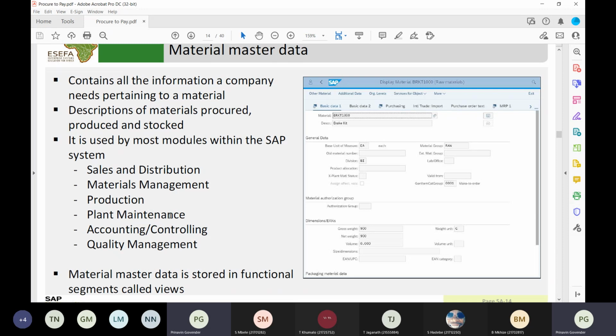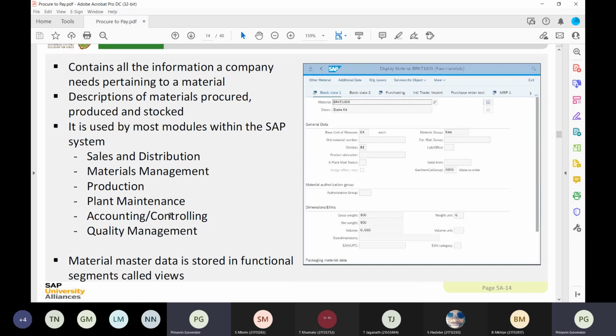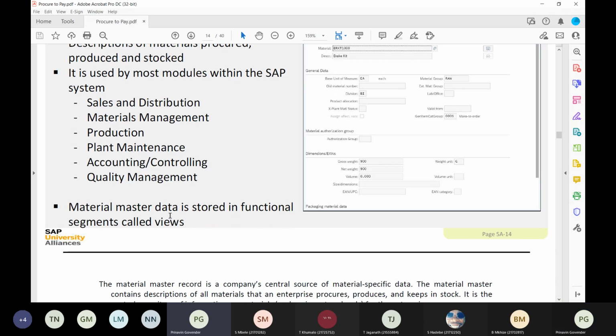Remember, I was talking to you about the gas companies in the UK and how they did not foresee that they need to store the gas because they now have to buy it back from the people that they sold it to. What are we using this for within the SAP ERP system? We'll be using it for sales and distribution, materials management, production, plant maintenance, accounting, and quality management.